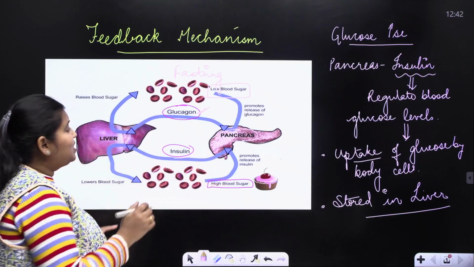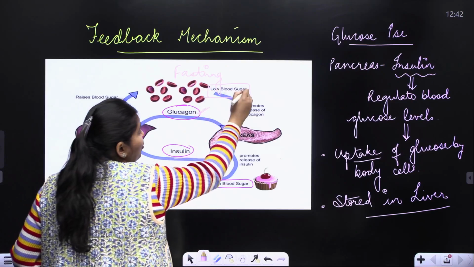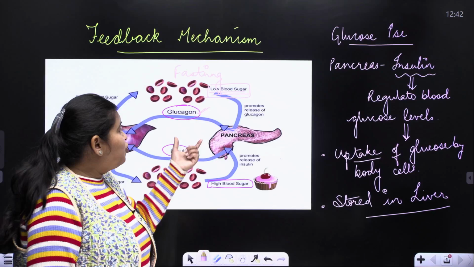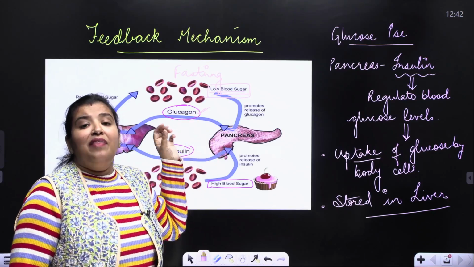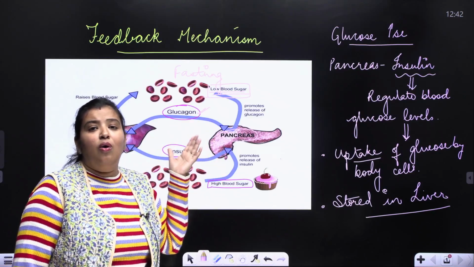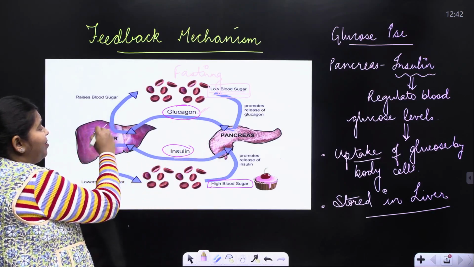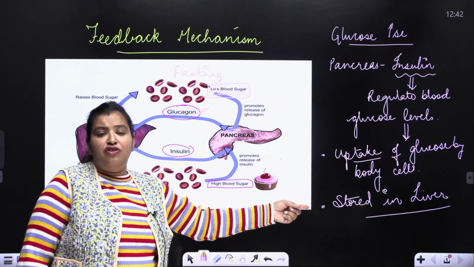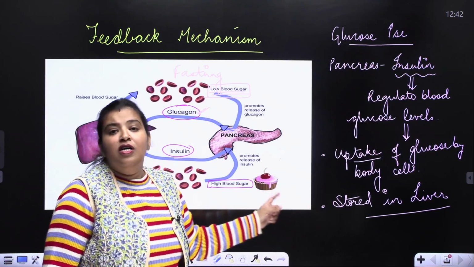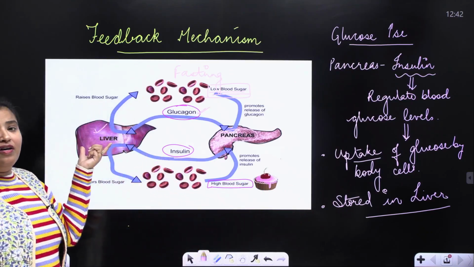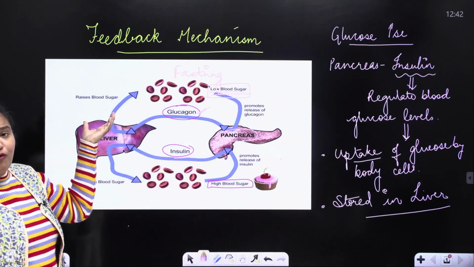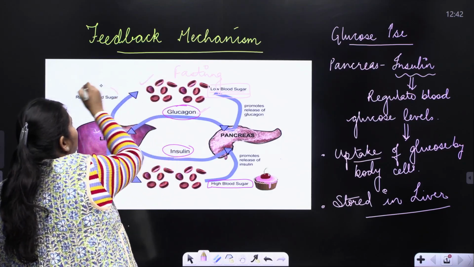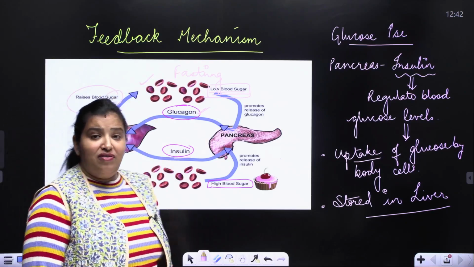But when the blood glucose level is already low, in this case, the pancreas gets an instruction to produce glucagon. And this glucagon is going to work on the stored food here in the liver. You remember I told you that this extra form of glucose is also stored in the liver. So again the liver is going to release the stored food, convert it back into glucose and release it in the blood, raising the blood sugar levels.